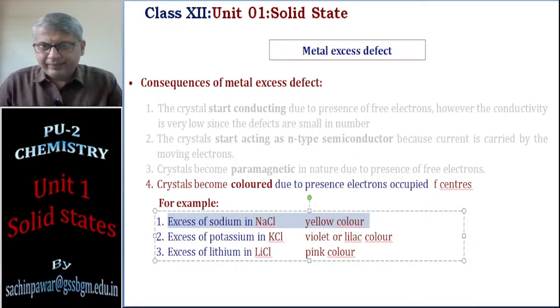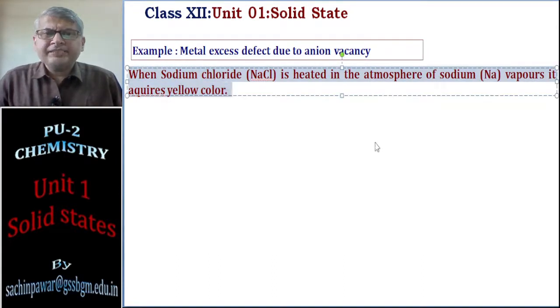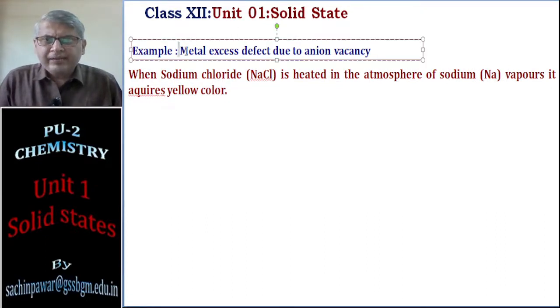Why? When sodium chloride is heated in an atmosphere of sodium vapor, it acquires a yellow color. Now think of this on the basis of metal excess defect due to anion vacancies.